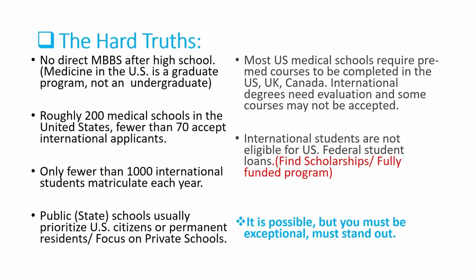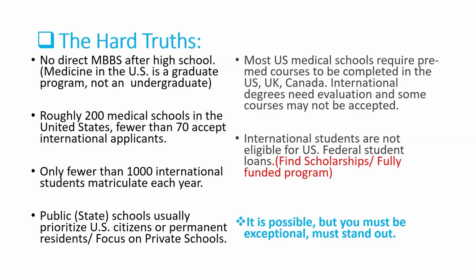And then the final thing here is that international students are not eligible for US federal loans. Here in the US, the government provides loans to help students cover their tuition, but international students are not eligible for that. Even right now, those of us taking undergraduate studies, like me, are not eligible for loans here in the US.